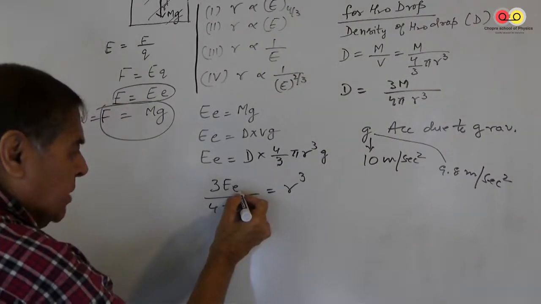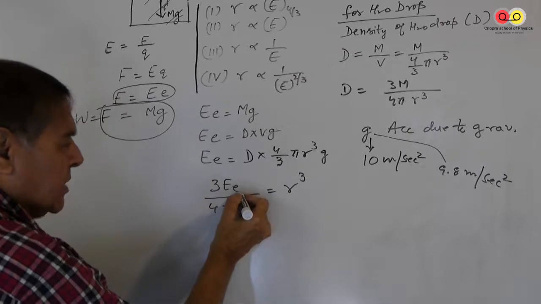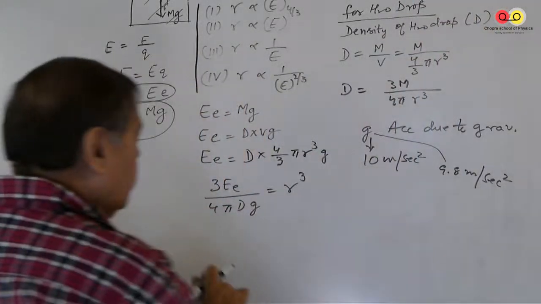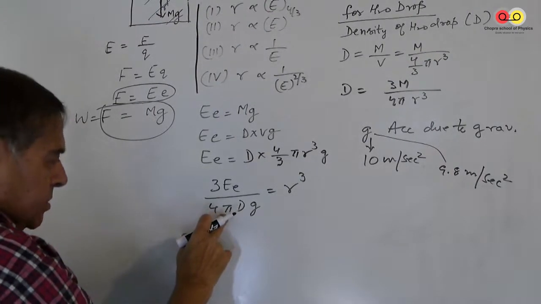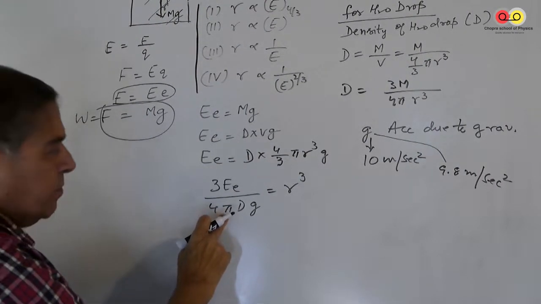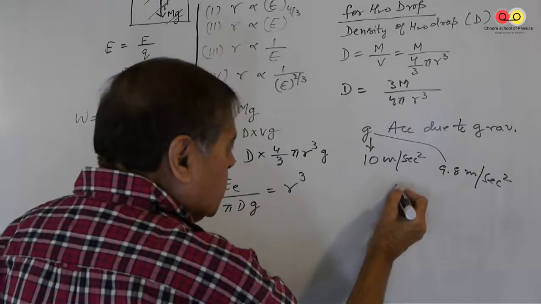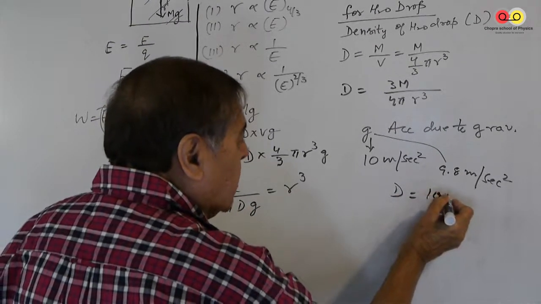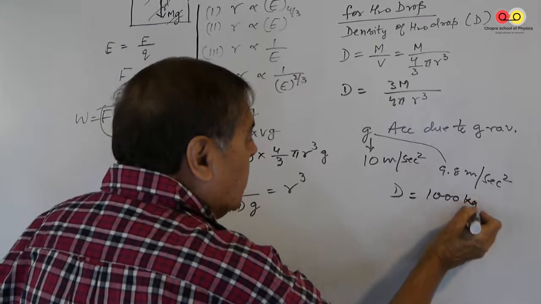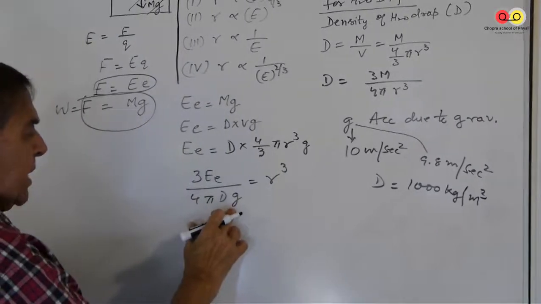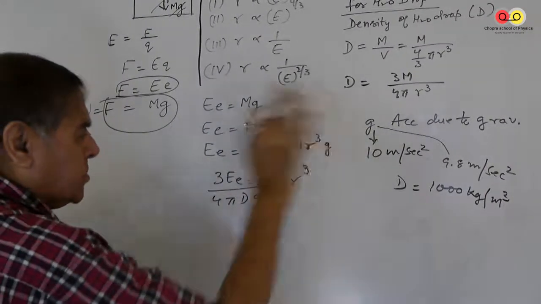Is small e, that is the electronic charge, constant? It is constant. Pi is constant, 3.14. D is the density of water, which is also constant, 1000 kilograms per meter cube. G is acceleration due to gravity, constant.